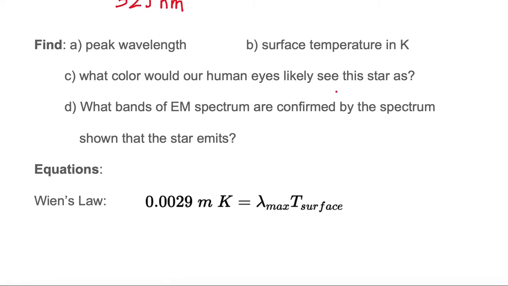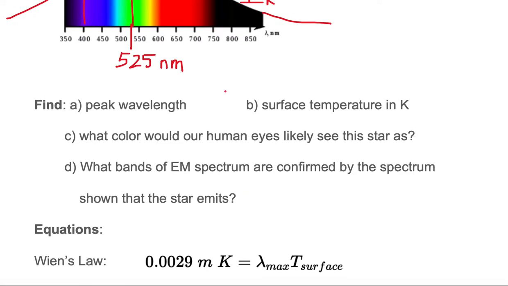Now, part B wants to know, what is the surface temperature of the star in units of Kelvin? To find the surface temperature, we need to know the equation Wien's Law, which is 0.0029 meter Kelvin equal to the wavelength maximum times the surface temperature. We already found the wavelength maximum, 525 nanometers. So now all we need to solve for is the surface temperature.